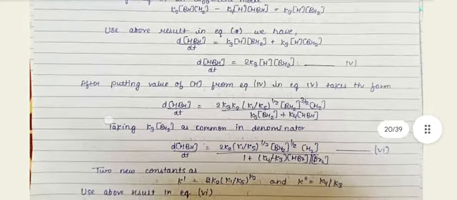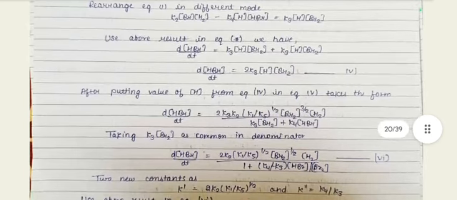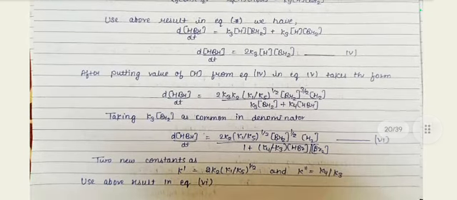We have d[HBr]/dt = k3[H][Br2] + k3[H][Br2], so d[HBr]/dt = 2k3[H][Br2].